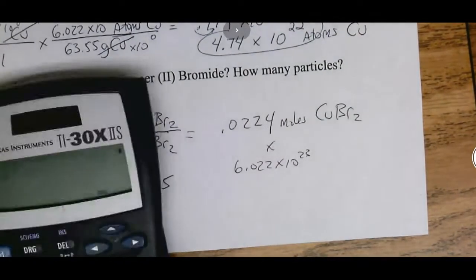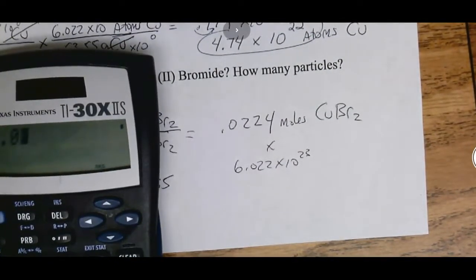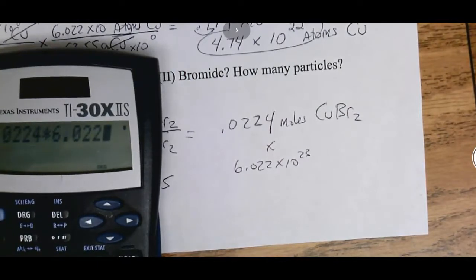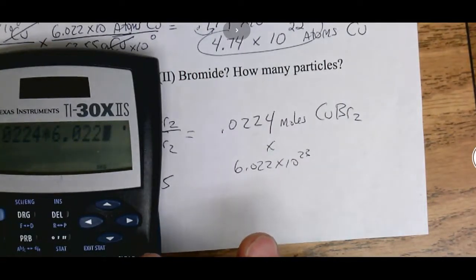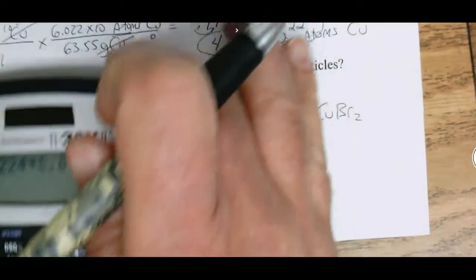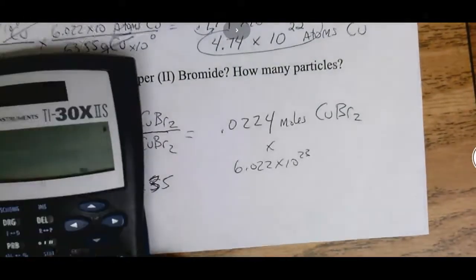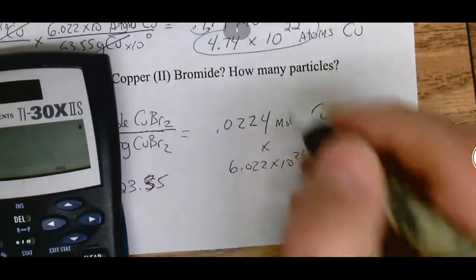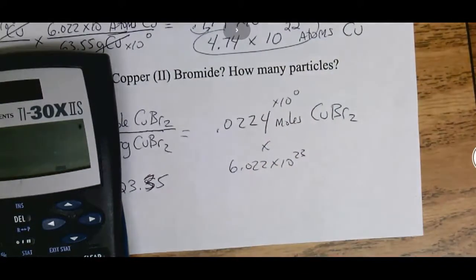So if we just do the math here, 0.0224 times 6.022. Sometimes it's hard to find the exponent. So we're just going to take this times 10 to the 0.